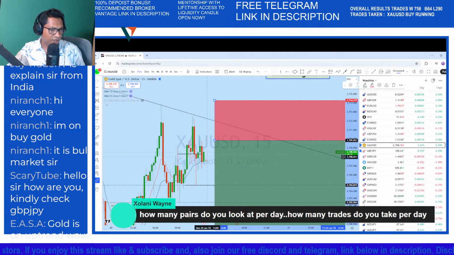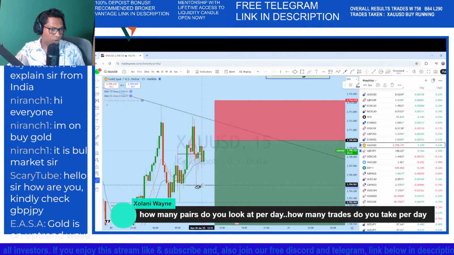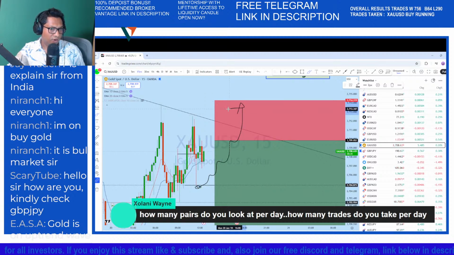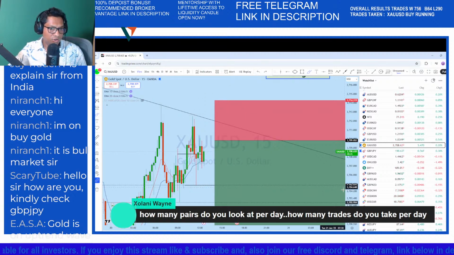The other probability is from this support to have a bounce to the upside.